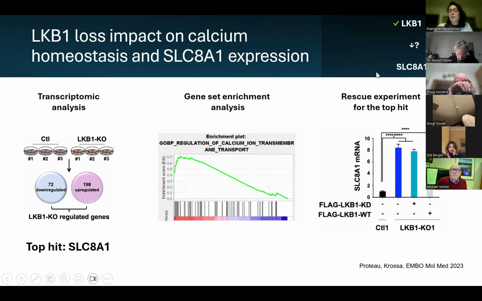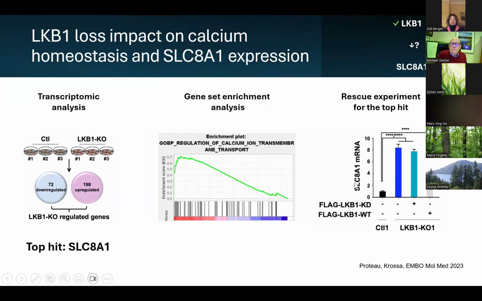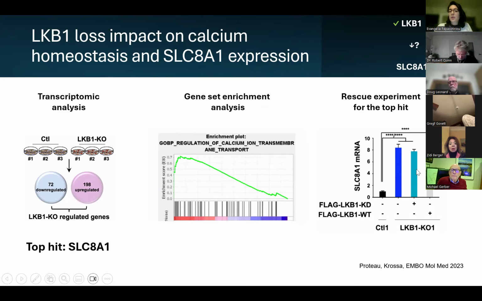And of course, they performed a rescue experiment where, as we take the result from the transcriptomic analysis, when we knock out LKB1, we have a higher expression of SLC8A1. When we put back the kinase dead form, we don't have much of a difference. But when we put back the wild type form, we have almost the same level, or it drops close to the same level as the control conditions. Again, we have a successful on and off switch.